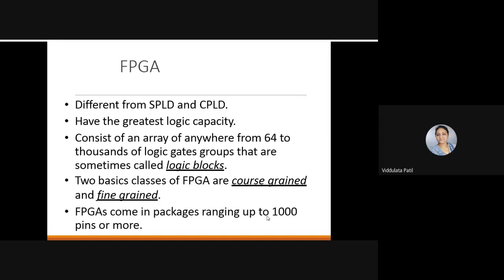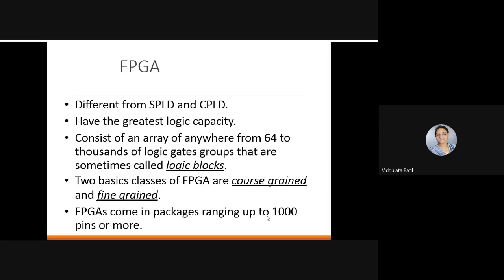It consists of an array of anywhere from 64 to thousands of logic gate groups that are sometimes called logic blocks. So in a field programmable gate array there are thousands of logic gates available, and the basic classes of FPGA are coarse grained and fine grained.